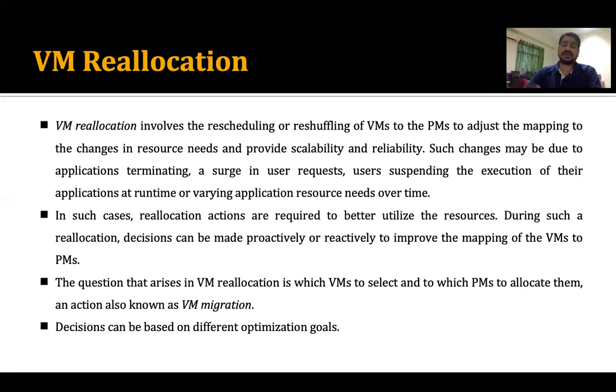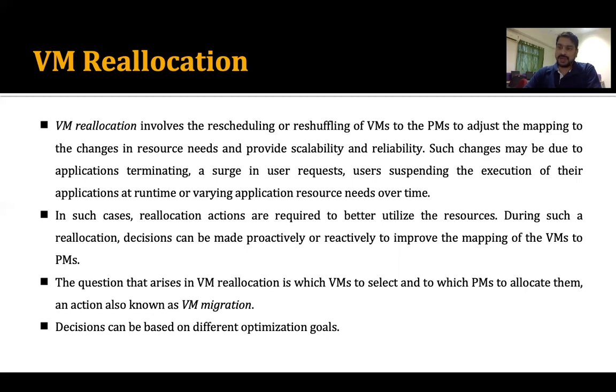This happens when we have the concept of elasticity. Let's say I am hosting my website and suddenly I find out that the hits to my website are more than what the resources I have can handle. So the current resources may not be capable of fulfilling my requests. Then reallocation will be done, meaning scale up will be done.